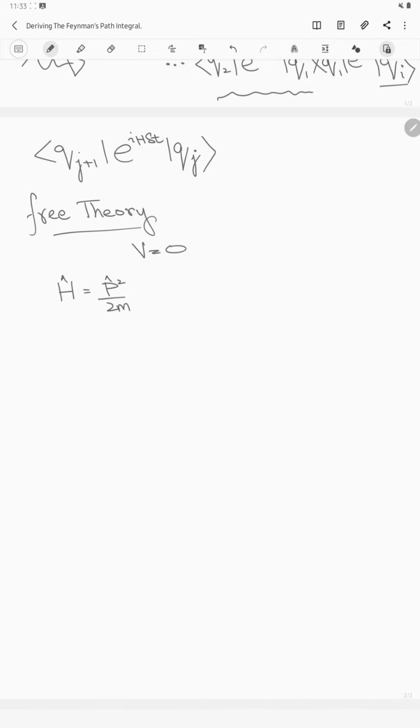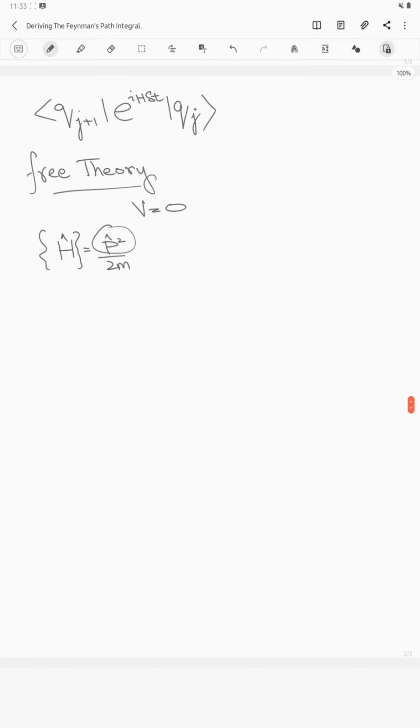Now this hat over here is to remind you that this Hamiltonian is an operator and this p is also an operator. Now remember that the eigenstate of this operator p is written as this ket p, such that when you take your operator p and act it on the eigenstate p, it should give you some eigenvalue, let's call it p, and your same exact state |p⟩, right?